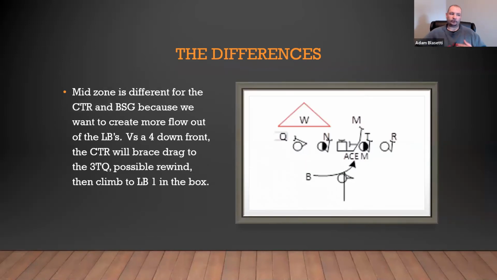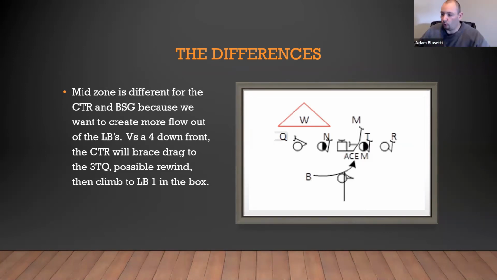Now for mid-zone, again, we talked about it, but with the center and the backside guard, we want to create more flow of the linebackers. So the center is going to brace drag or work towards the front side 3-tech. And then he's going to do two things.